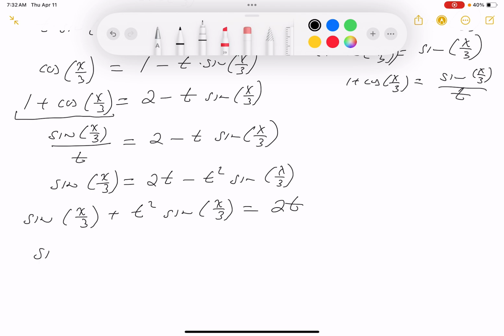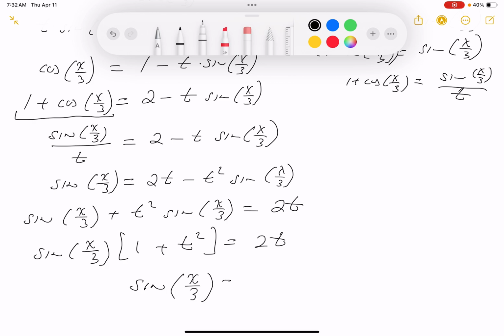Then I factor out sine x over 3, and I get 1 plus t squared. I did a lot of work, but I know what the sine is in terms of t now. The sine of x over 3 is going to be 2t over 1 plus t squared.